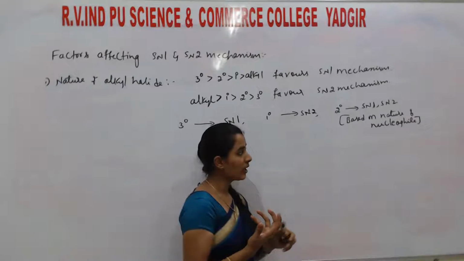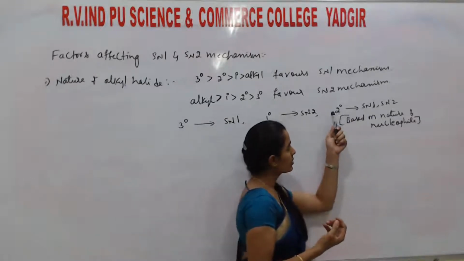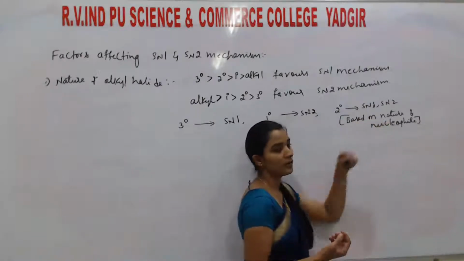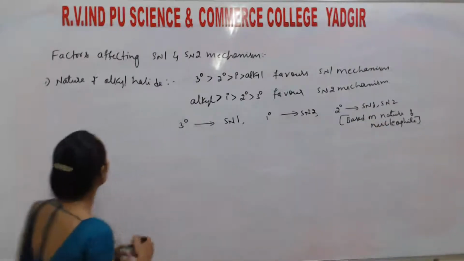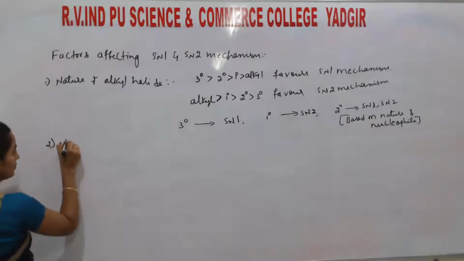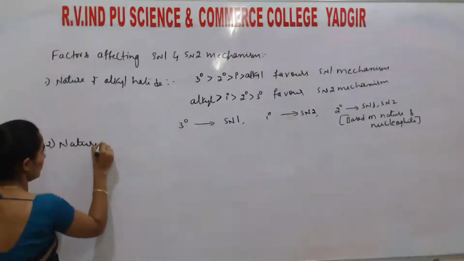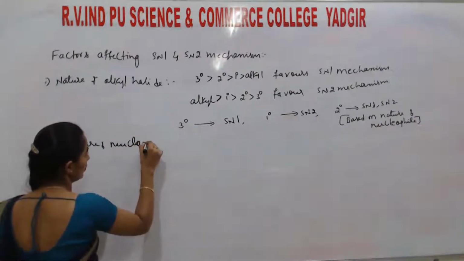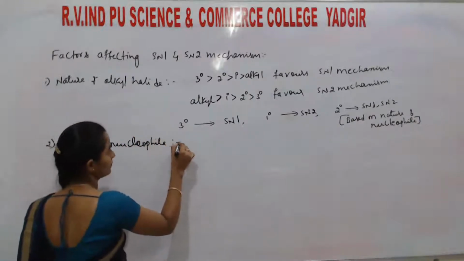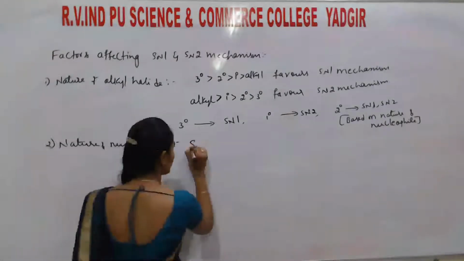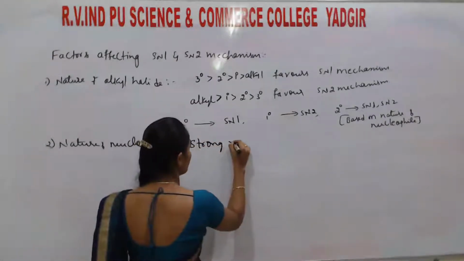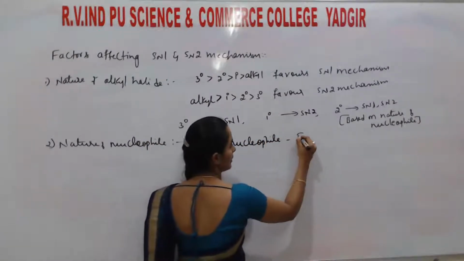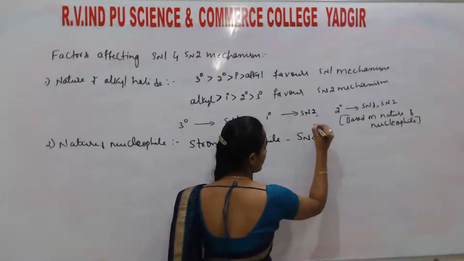How can we say which reaction the secondary alkyl halide undergoes? That is based on the nature of nucleophile. I'll write it. If it is a strong nucleophile, then it favors SN2 mechanism.